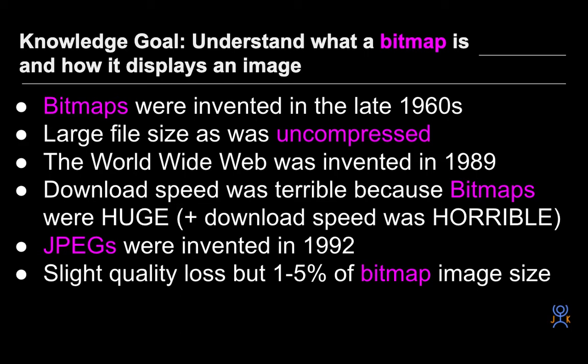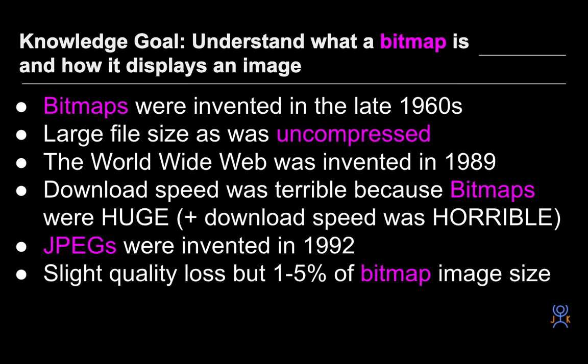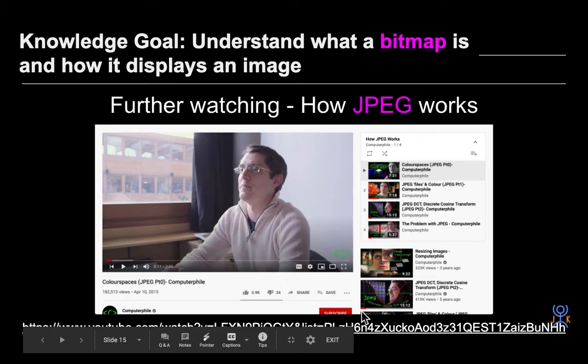So if you took a bitmap, compressed it into a JPEG, and then uncompressed that JPEG, turned it back into a bitmap, you'd lose about 5% of the quality, but compared to what you gained in time, it's much, much, much better. Okay, so yeah, JPEGs saved the world as far as internet and images and stuff goes.